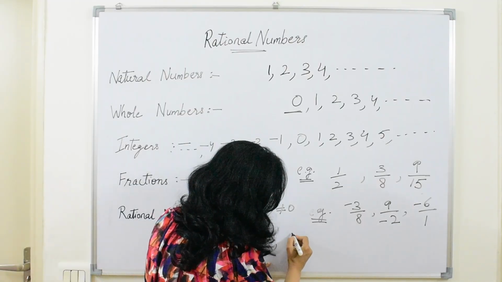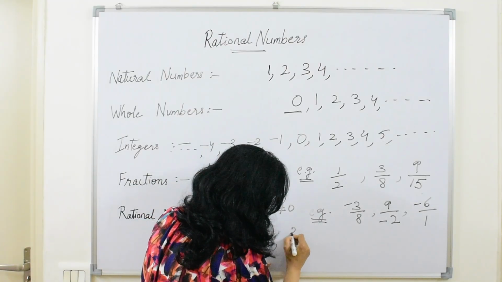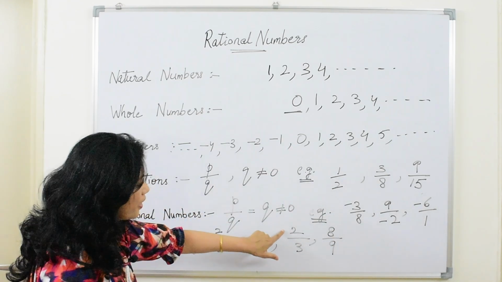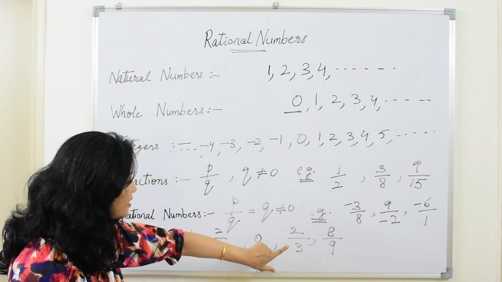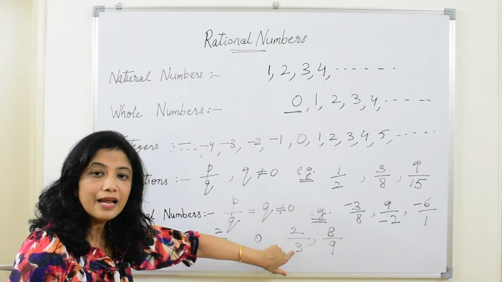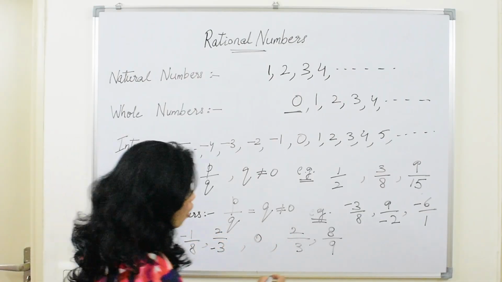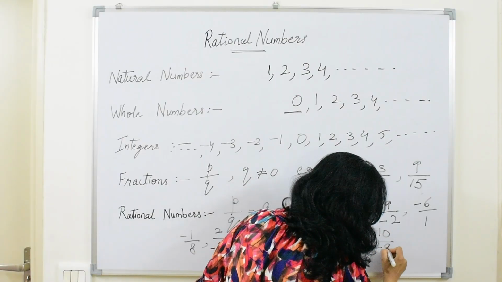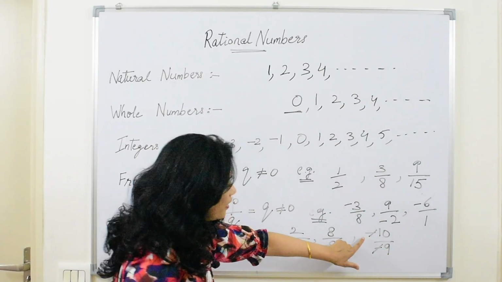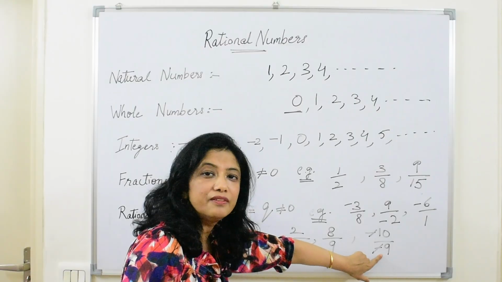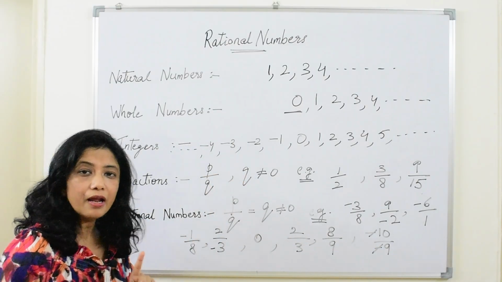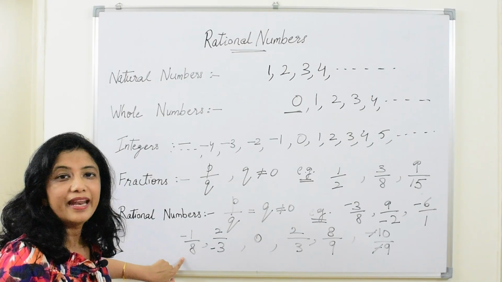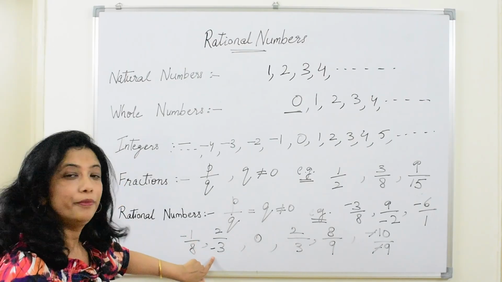Positive numbers will be 2/3, 8/9, where both the numbers are positive, or it can be -10/-9. Here both the negative signs cancel and this becomes a positive number. So for a rational number to be negative, one of the numbers should be negative, either numerator or denominator.